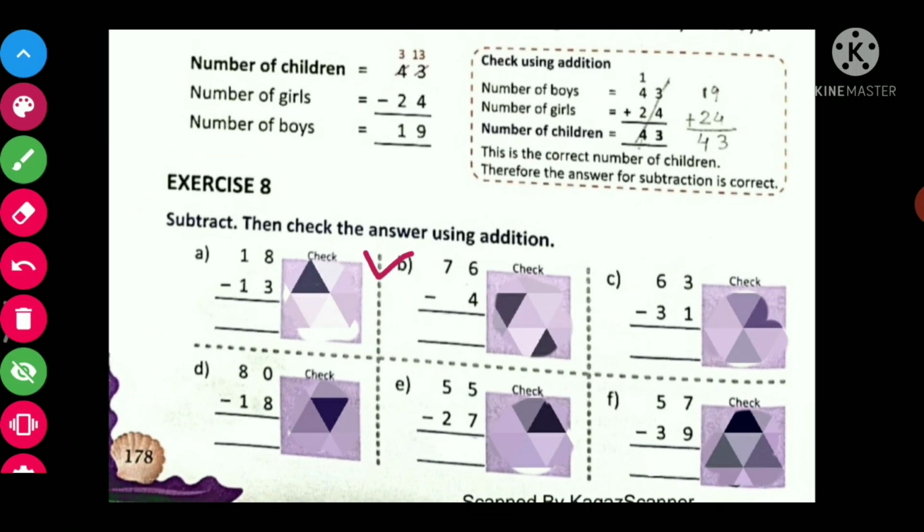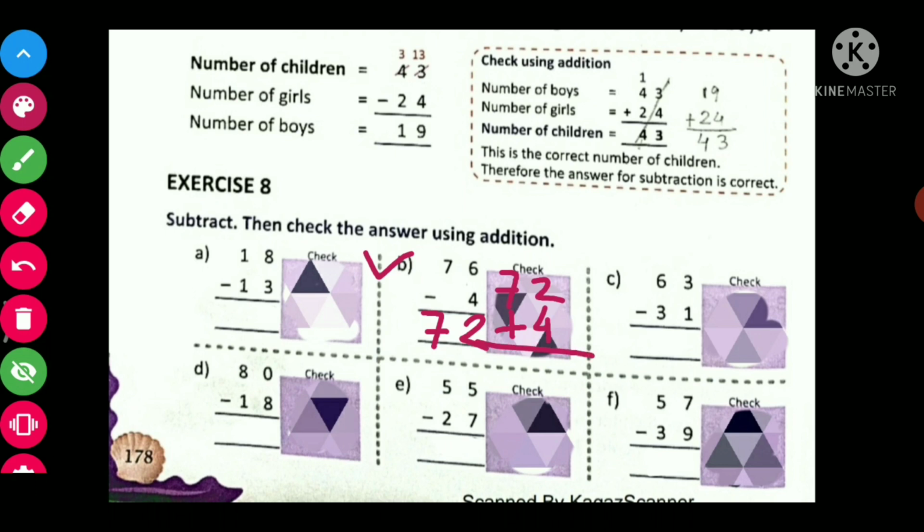Okay, now see the B part. So 76 minus 4, so see the ones place value, 6 and 4 is there. So 6 minus 4, it will be how much? 2, right? Now 7, it will come down here. Now we'll write this 72 here and we'll add 72 with 4 because 4 is the smallest one.